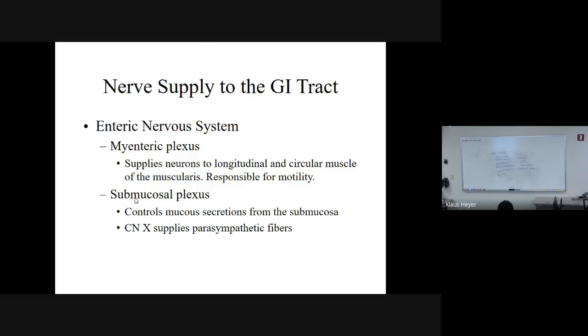Entero, like gastroenteritis, that E-N-T-E-R part is going to tell you something about the GI tract. So when you see that in a word, that's going to tip you off. So the myenteric plexus is giving innervation to the muscle.